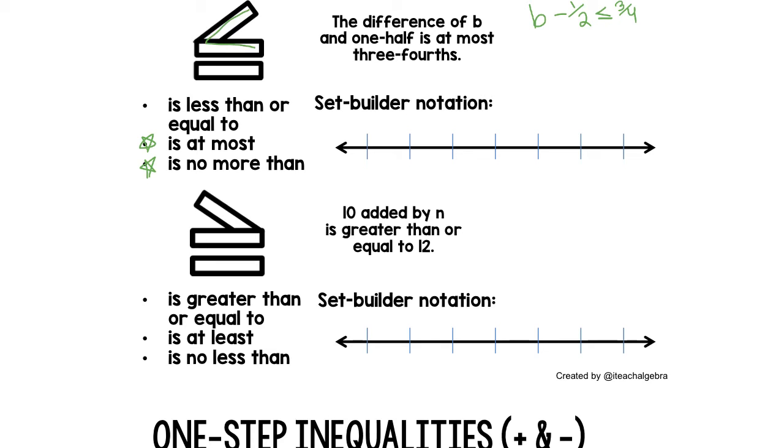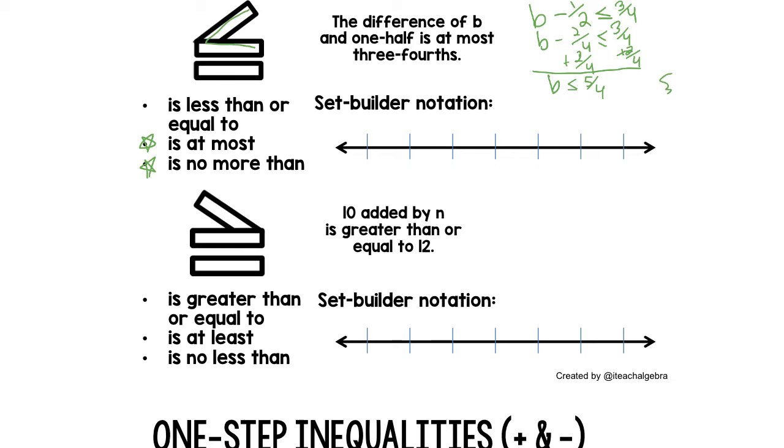So we know that 1/2 is the same as 2/4. I'm just going to rewrite it that way. To get b alone, we need to add 2/4. And we're left with b is less than or equal to 5/4.